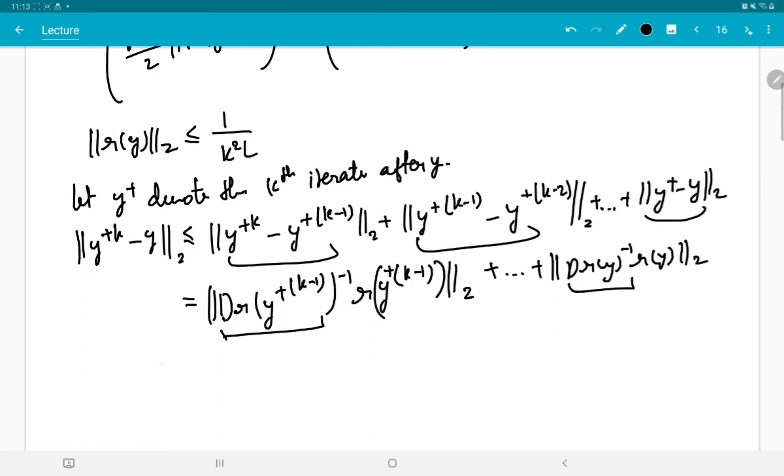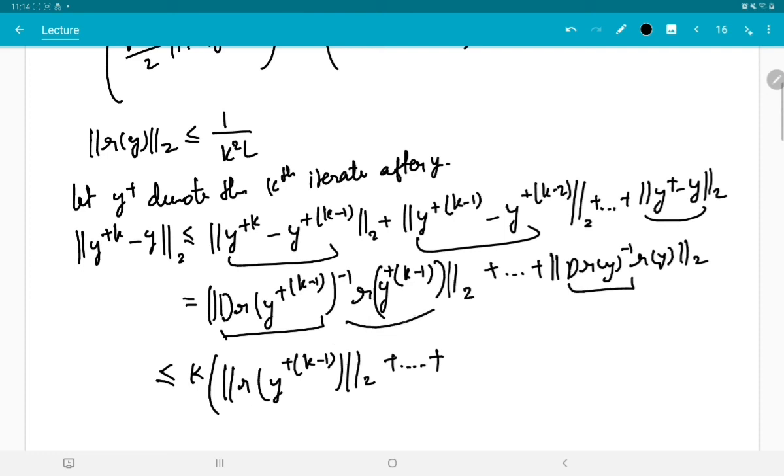So this is less than or equal to k times r. So this term is still there, and we have taken out this and substituted k there.